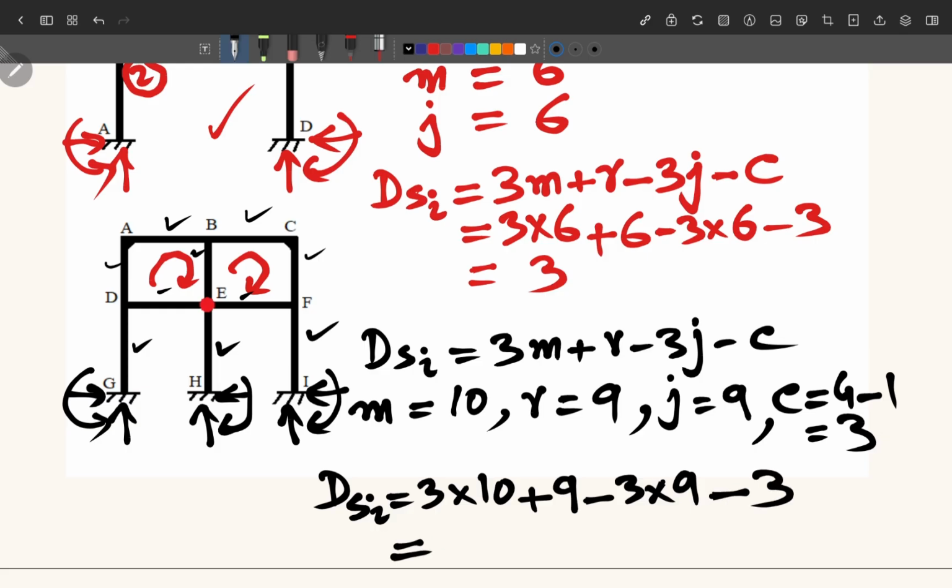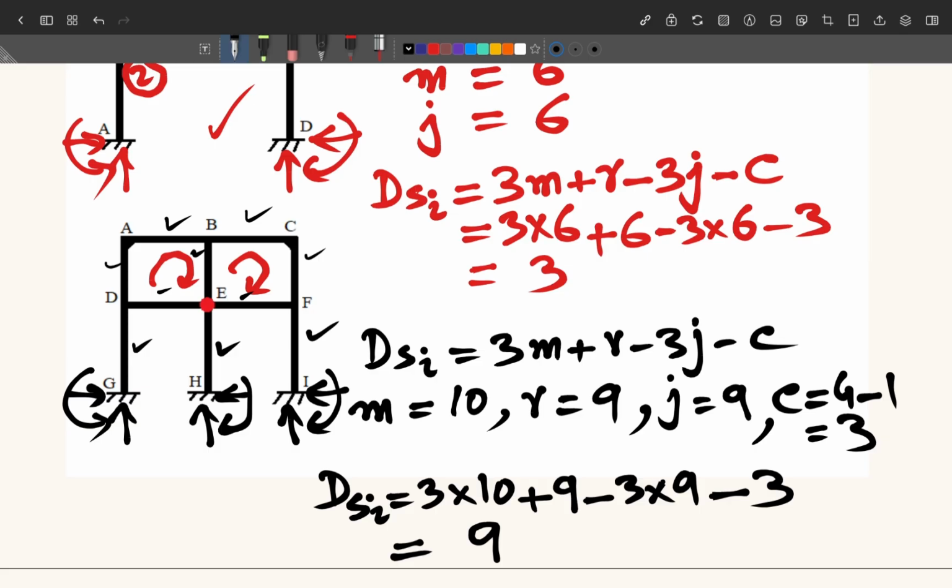When we simplify these things, we get 30 plus 9 minus 27 minus 3, and that is equal to 9. This way we have determined the degree of static indeterminacy for these rigid jointed frames.